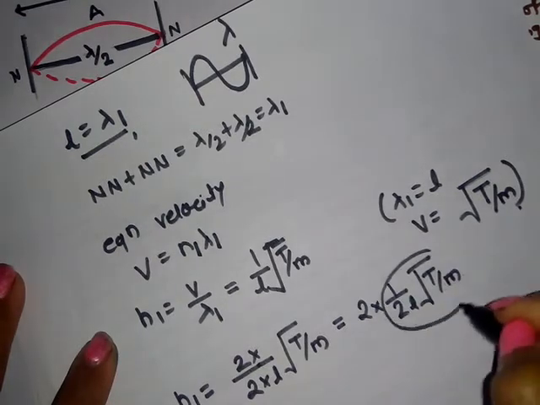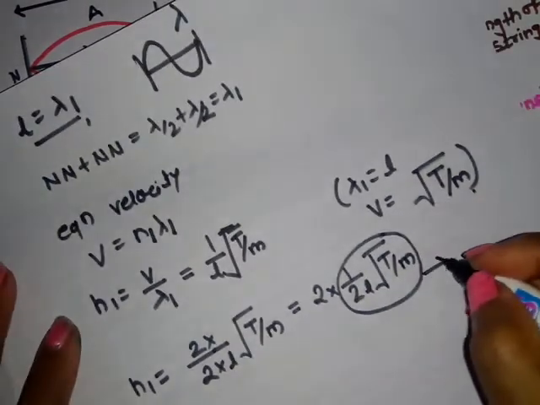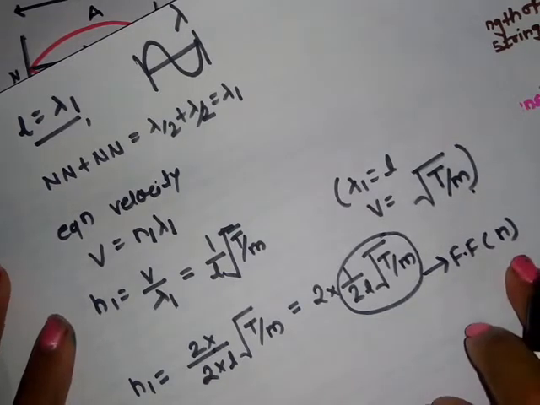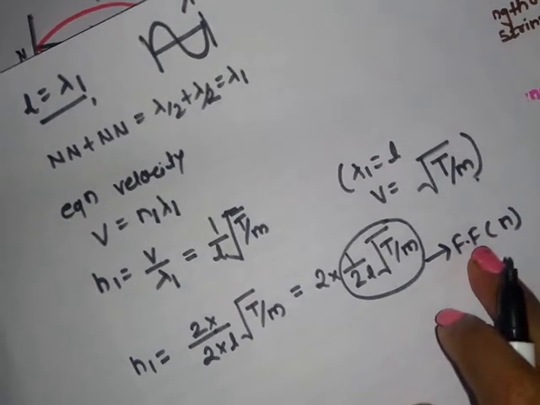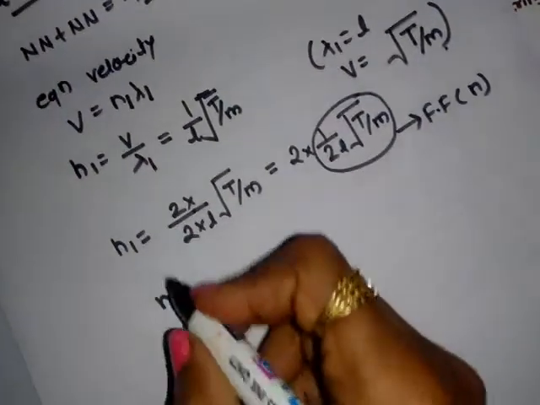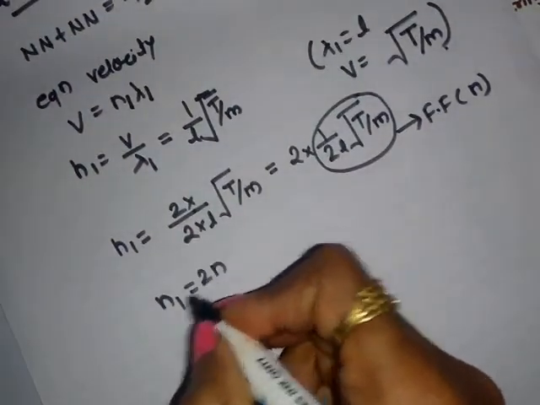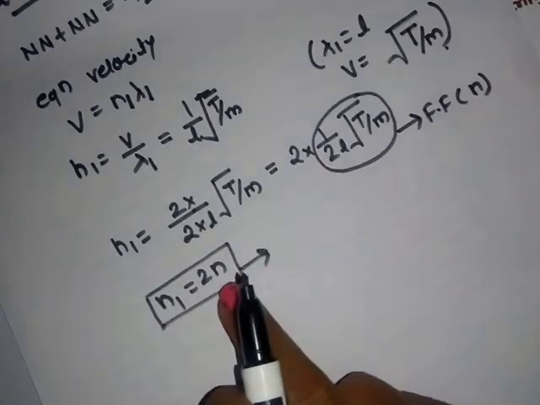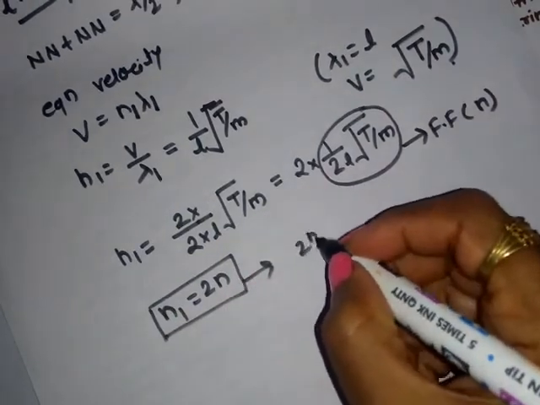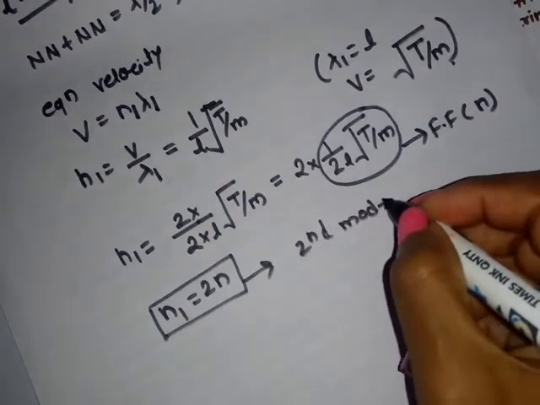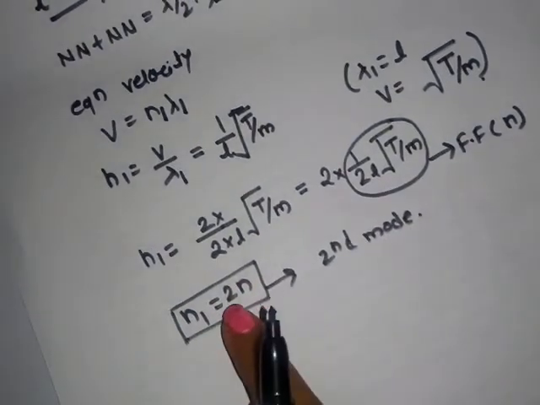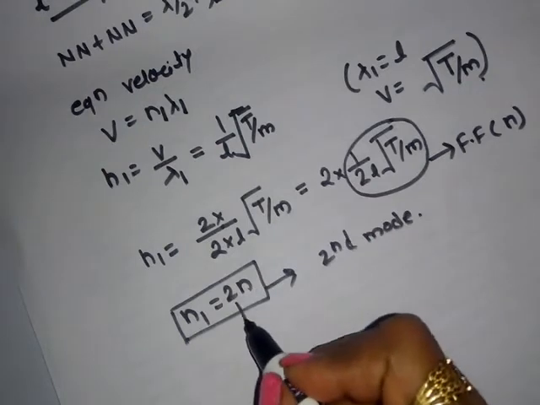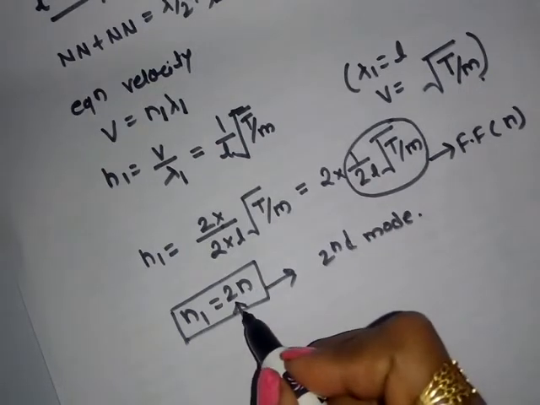Now you know very well this term represents the fundamental frequency, the natural frequency n for the first mode of vibration. Therefore n1 is equal to 2 times n. This is nothing but the equation of frequency for the second mode, which is 2 into n, a multiple integral of the fundamental frequency, which is called a harmonic.